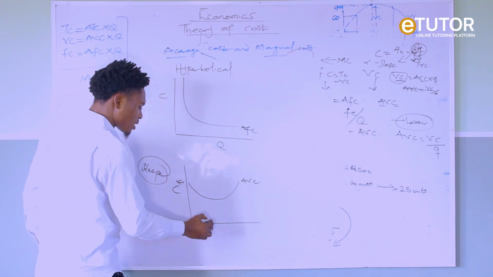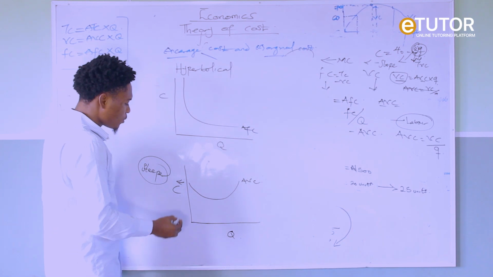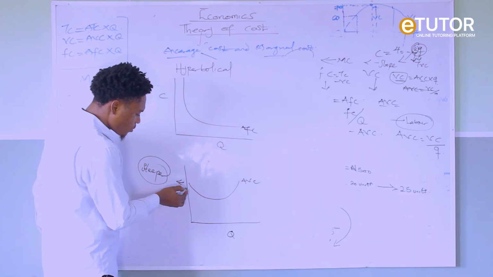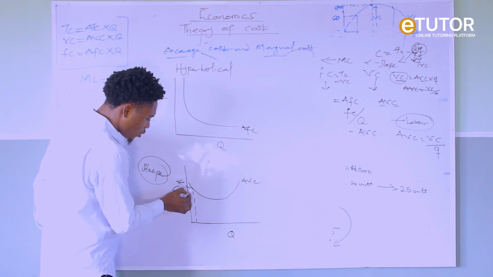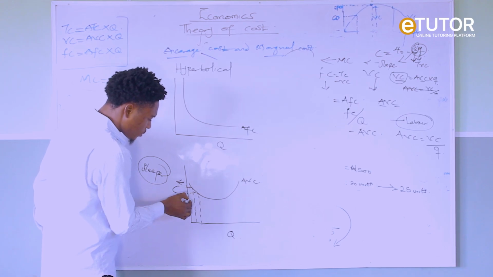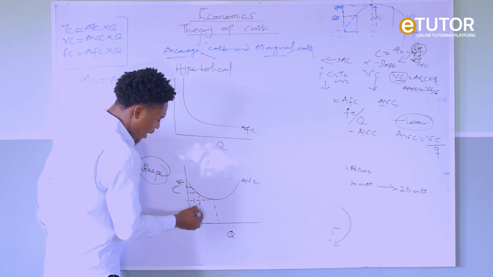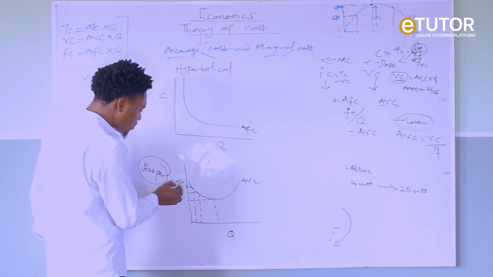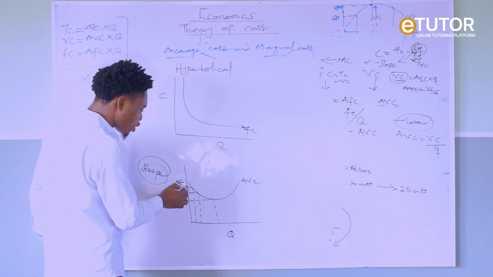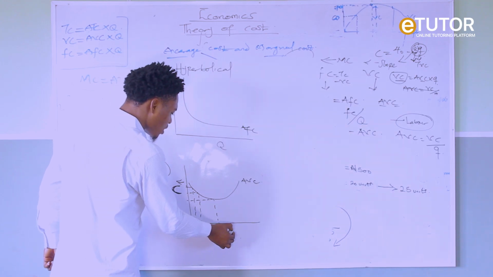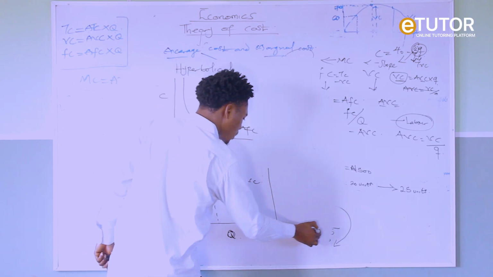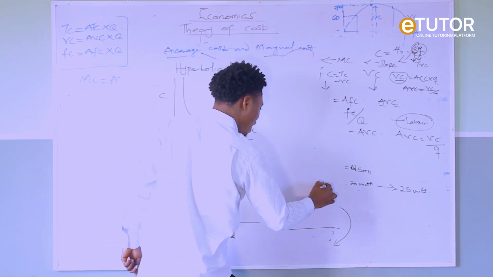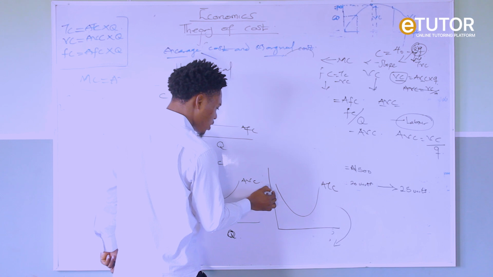You know, if this is the cost axis and this is the quantity axis, so your cost, you can see. Now what does it imply? It simply means the proportion of cost changes to quantity changes is lesser than the proportion of your average total cost changes to your quantity changes.